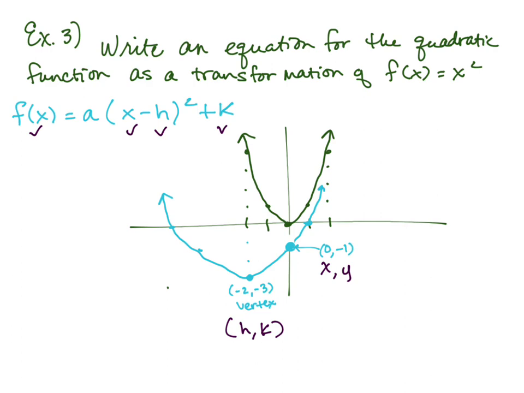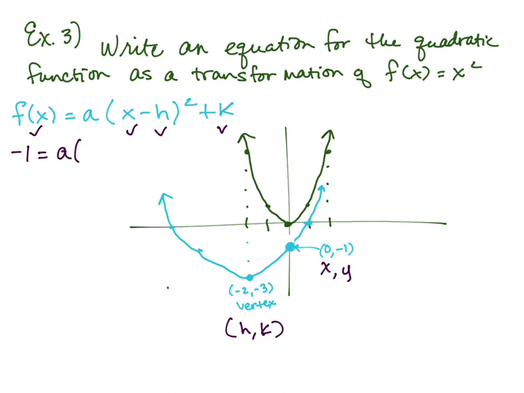Same exact idea. Okay? So on this equation, I'm going to replace f of x with y. What's y in this particular problem? -1. And you could have used any point here. I noted the point 0, -1 because on my graph it's the easiest one to see. Okay, so we're going to replace y with -1. We're going to call a.